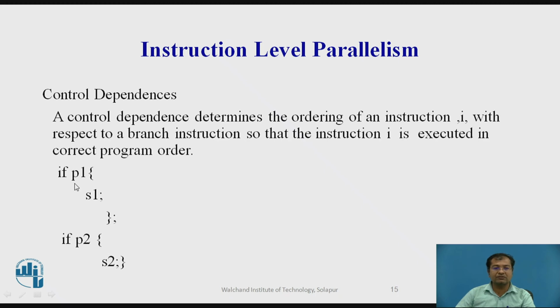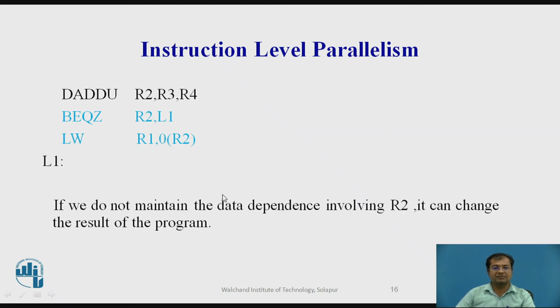Similarly, S2 will execute only if its condition is true. So there are limitations on execution, and the order of execution and the dependency should be maintained. This control dependence has control based on this condition, whether to skip or whether to take. It depends on the condition. That's why we call it control dependence.